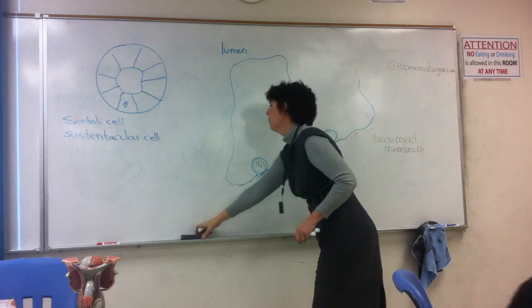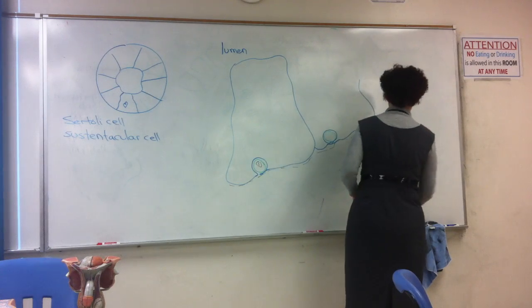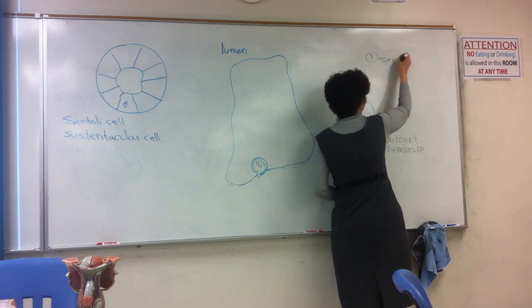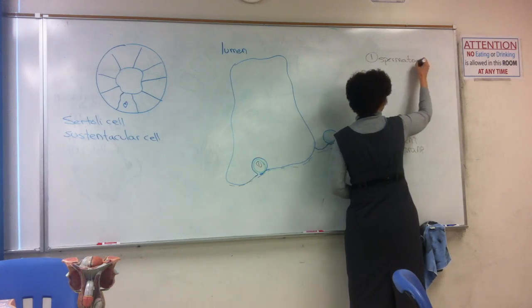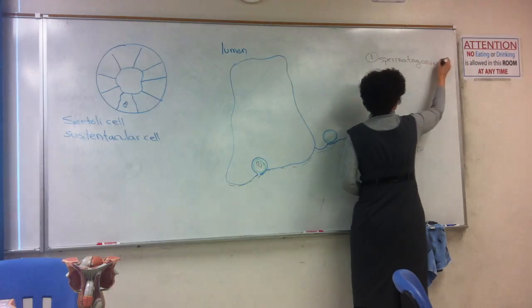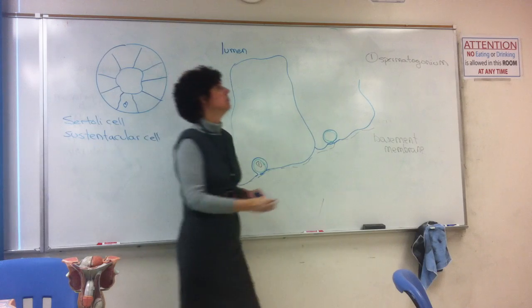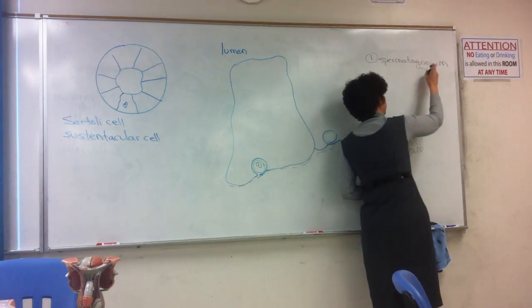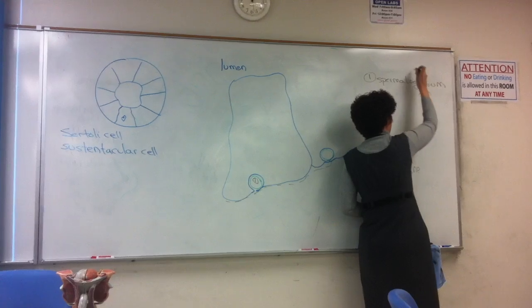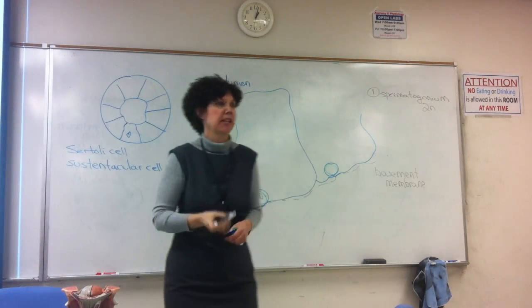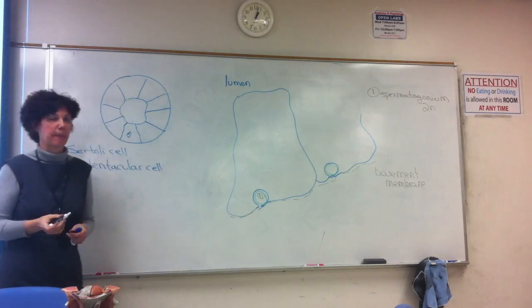So spermatogonia is the source, if you will, of all the developing sperm that are going to be produced. They are diploid cells. In other words, they are going to have all 23 sets, 46 chromosomes, just like every other cell in your body.